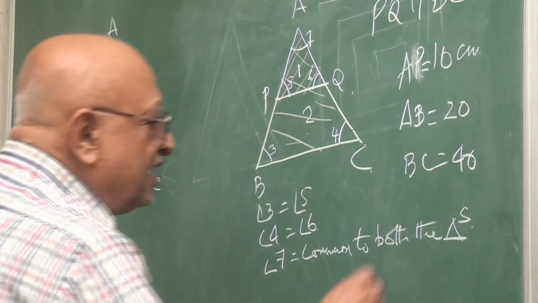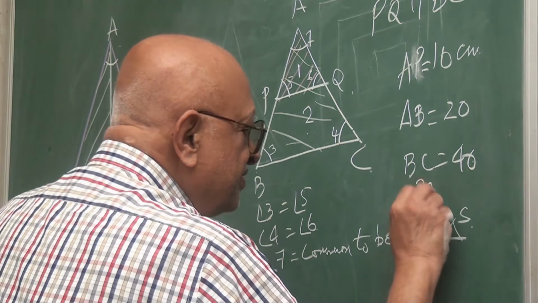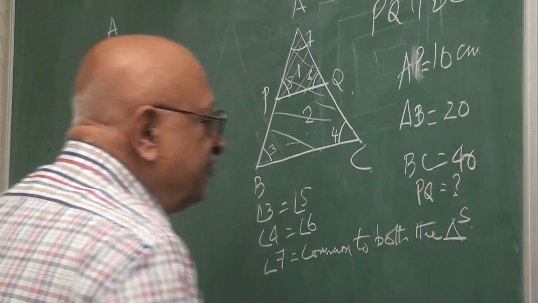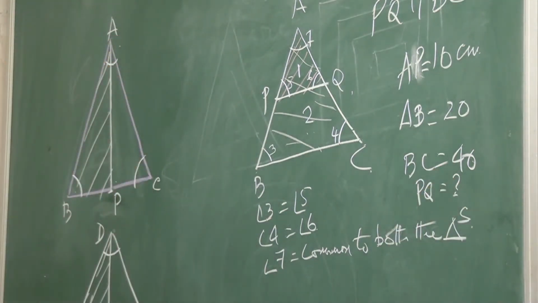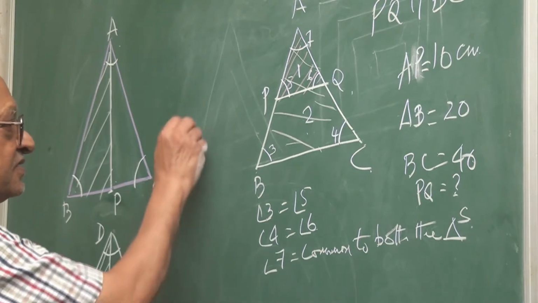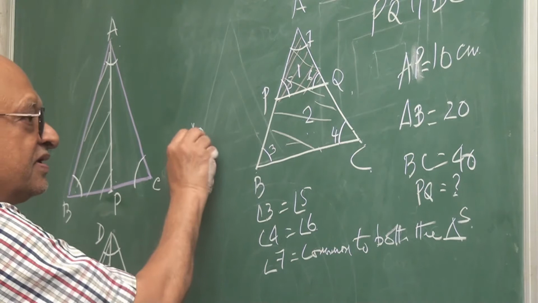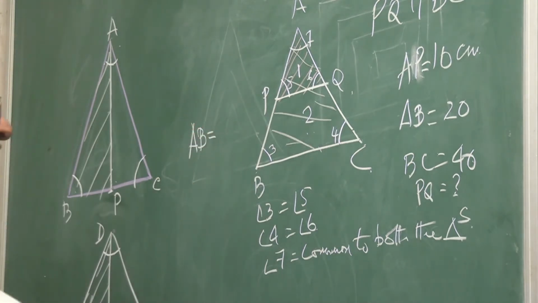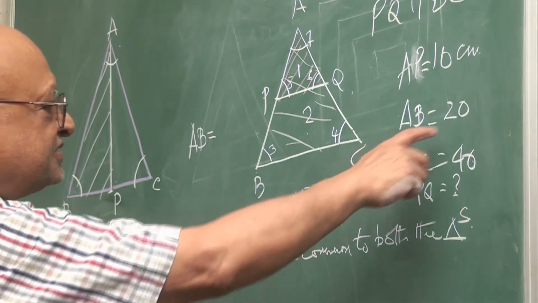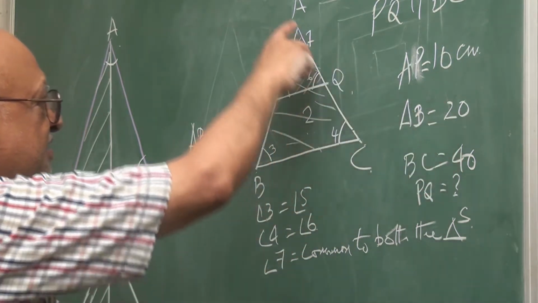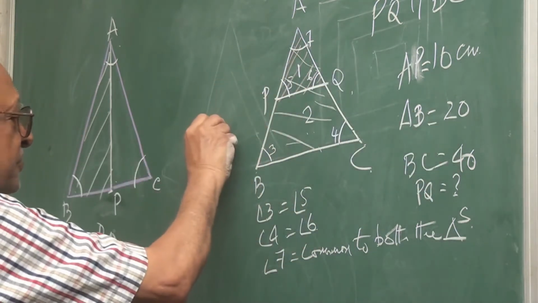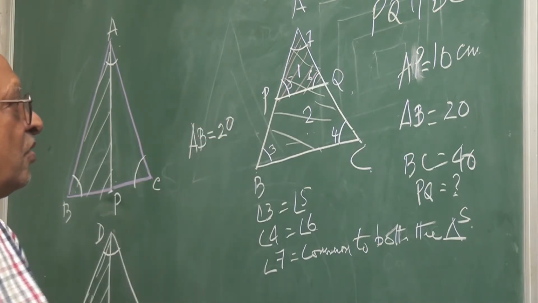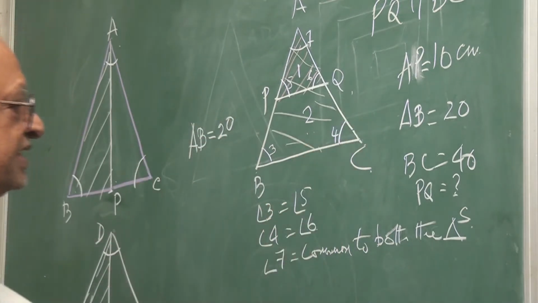What I have to find out is PQ. What is the value of PQ? So let us pick up the ratios. AB is already given as 20 centimeter, and AP has also been given.